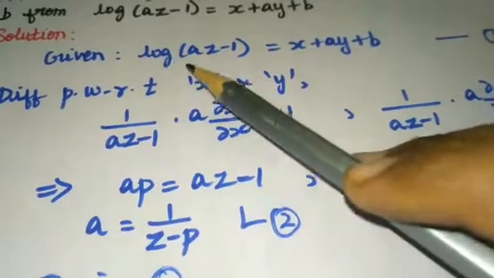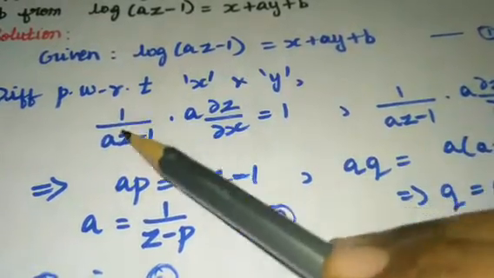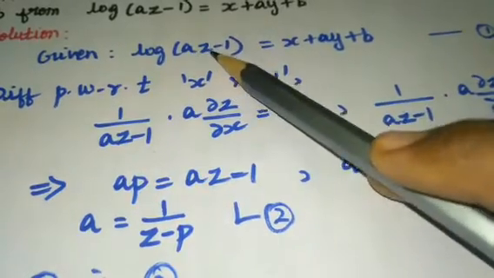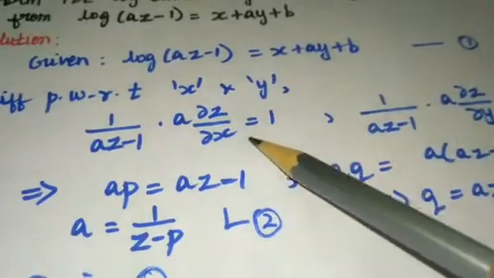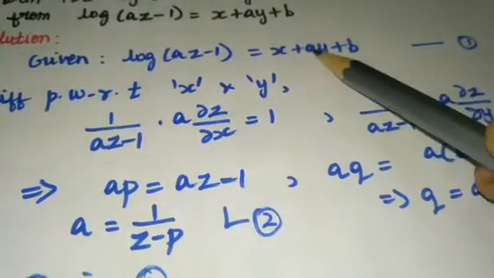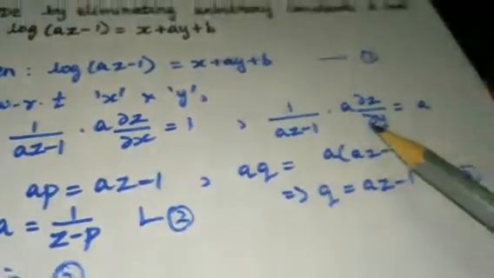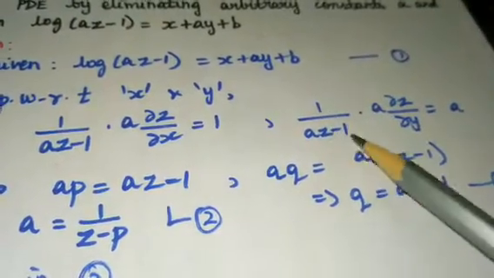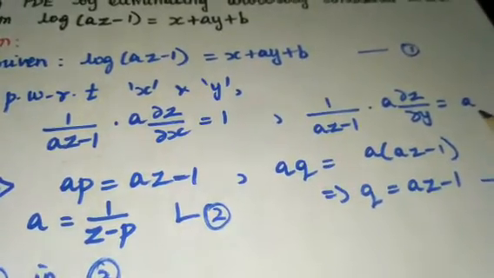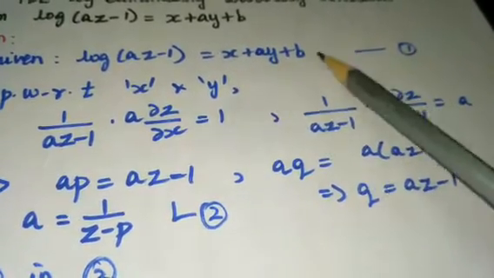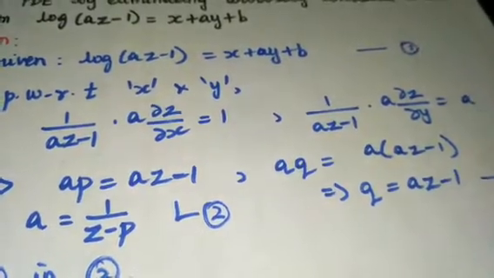So if we differentiate log(az − 1), it becomes 1/(az − 1); again az − 1 we differentiate, it becomes a into ∂z/∂x, which is equal to, here we leave the constant terms ay and b, so x becomes 1. Same with y: 1/(az − 1) into a into ∂z/∂y, which is equal to a. Here x and b become 0 and y becomes 1, therefore a into 1 is a.